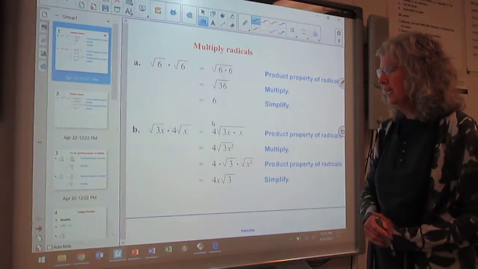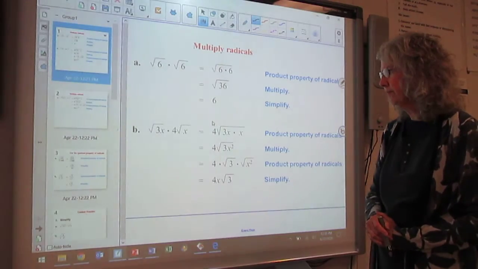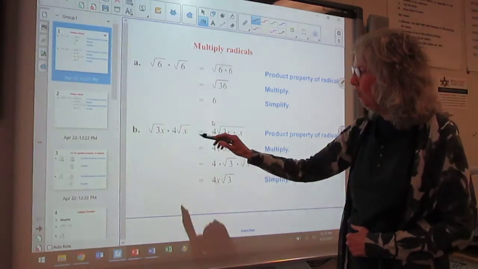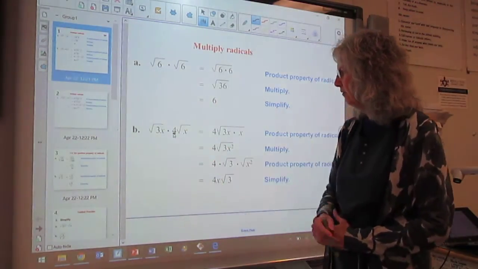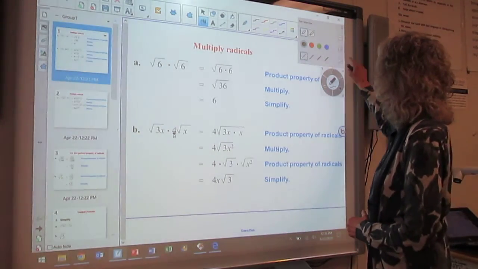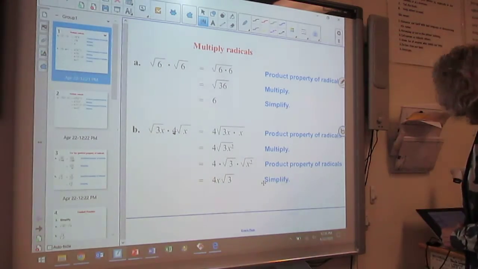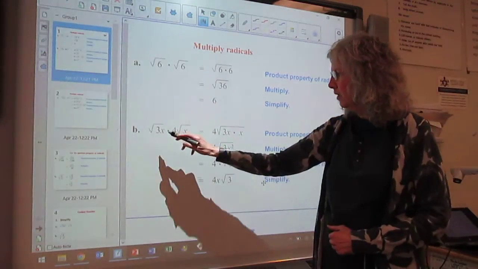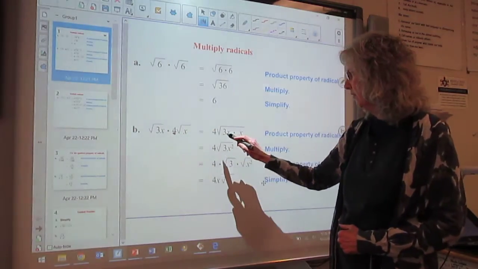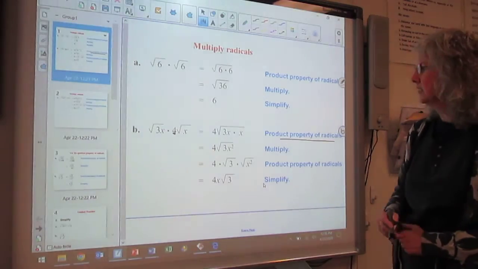The square root of 3x times 4 the square root of x. Well, the 4 is outside the radical, and that is going to stay outside the radical. And then we're going to combine the square root of 3x with the square root of x under the same radical using the product property of radicals.